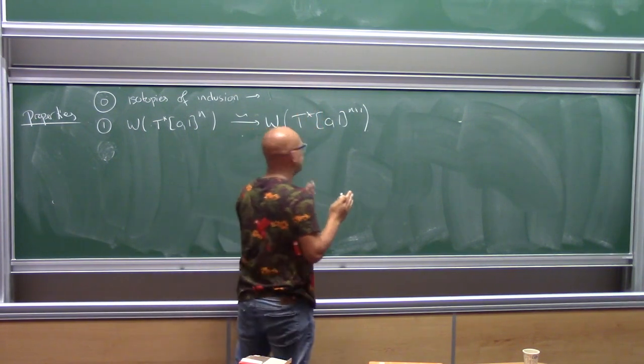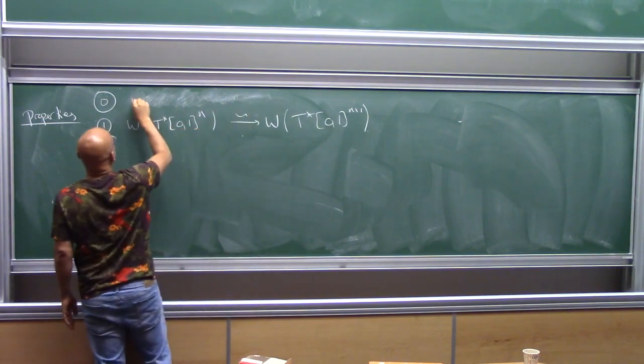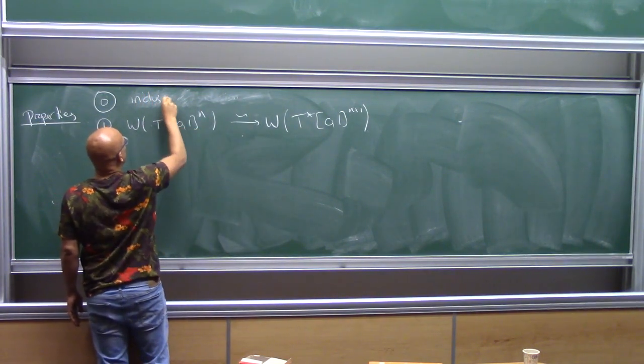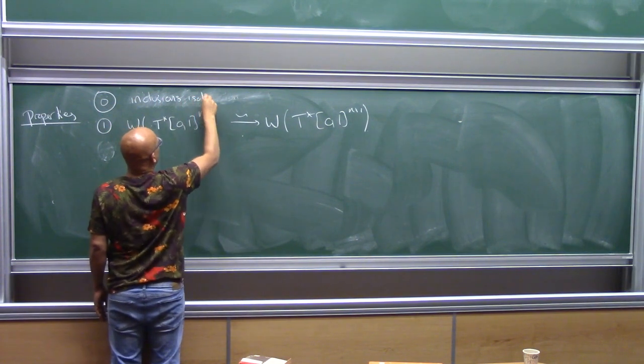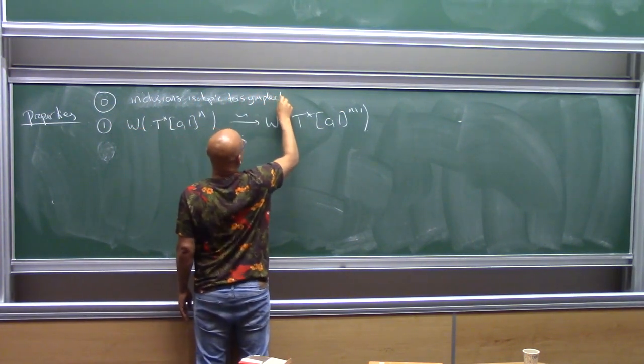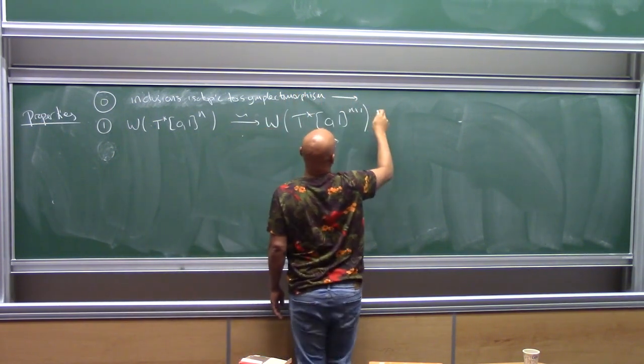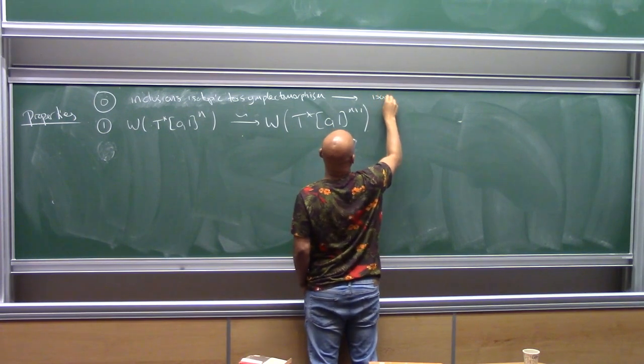Let me say it in a precise way. An inclusion isotopic to the identity, inclusions isotopic to symplectomorphisms, goes to an isomorphism.